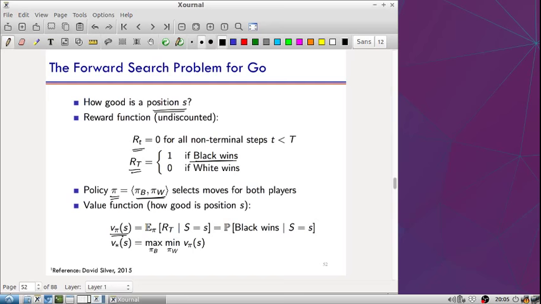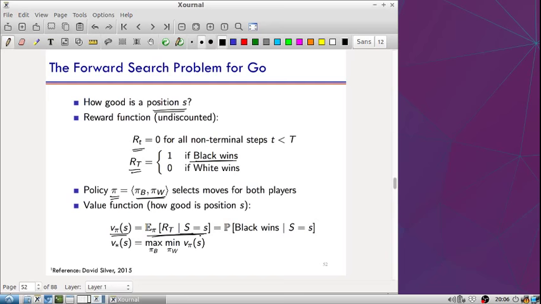So there's a value assigned to each board situation, and it's just the expected reward that you'll get starting from that board state, following a policy pi, assuming that the black player follows policy pi b and the white player follows policy pi w. There's no summation here because all the rewards are 0 except for the terminal state. That's the only situation when you get a 1 or a 0 reward.